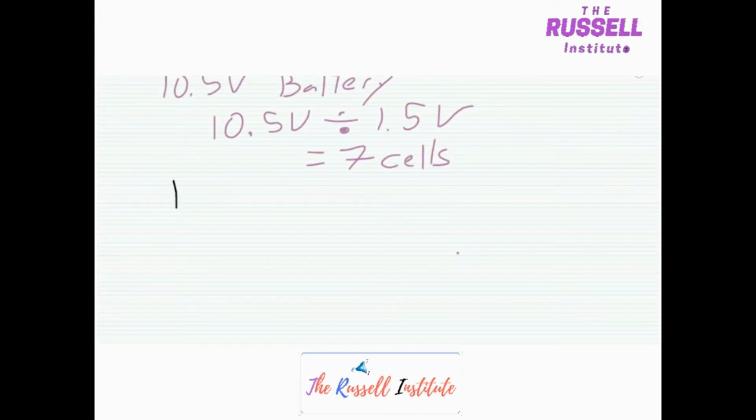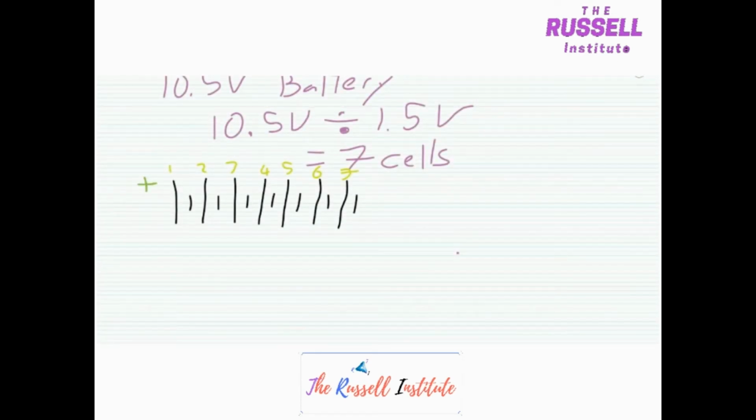So let's go: 1, 2, 3, 4, 5, 6, 7. All right, let's double check. That's right, 1, 2, 3, 4, 5, 6, 7. Positive side is going to be where the long stroke is. Negative side is going to be where the short stroke is. And there we have it. This is how you draw a battery.